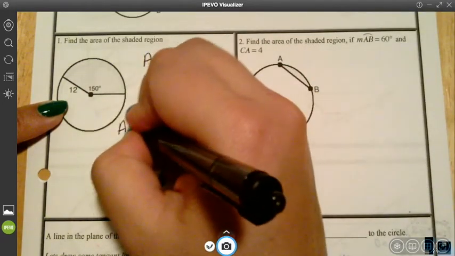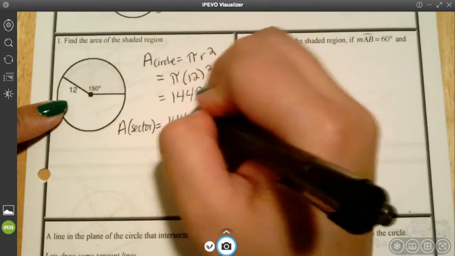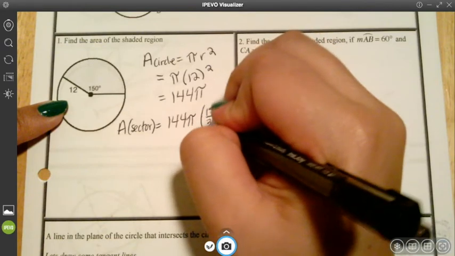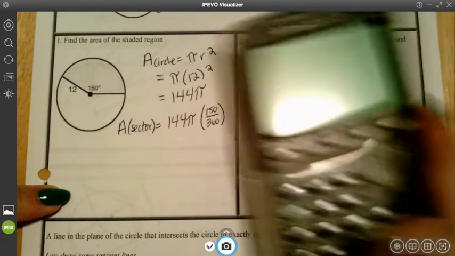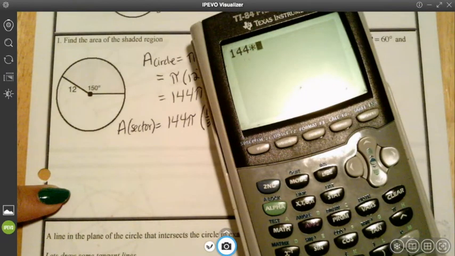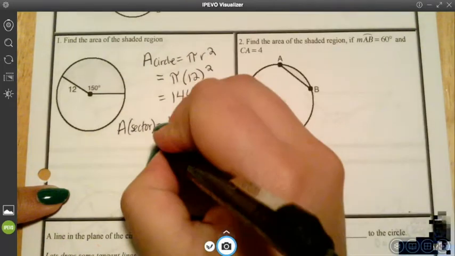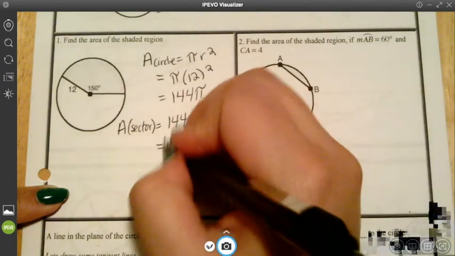Area of sector equals 144 pi times how much of it do I need? I need 150 degrees out of the 360 degrees that make up a full circle. And so we can say 144 times 150 divided by 360 gives us 60. So this is 60 pi units squared. We don't know the units.